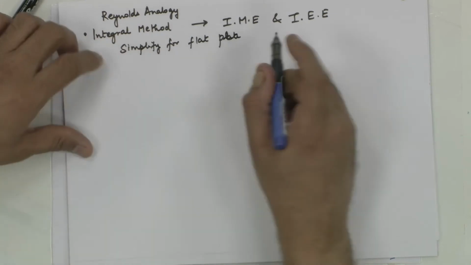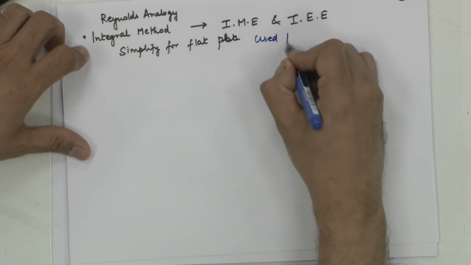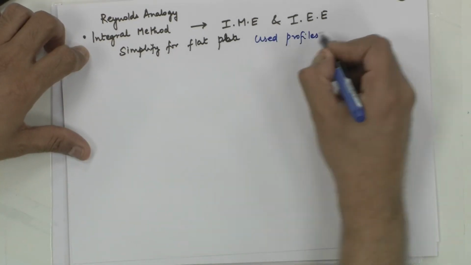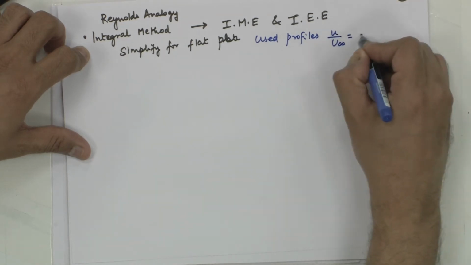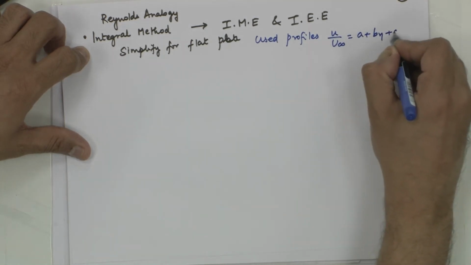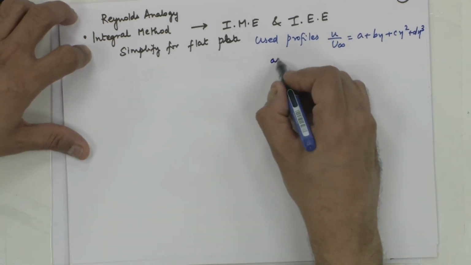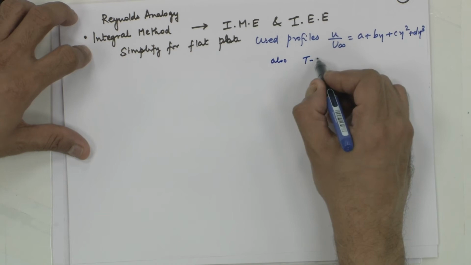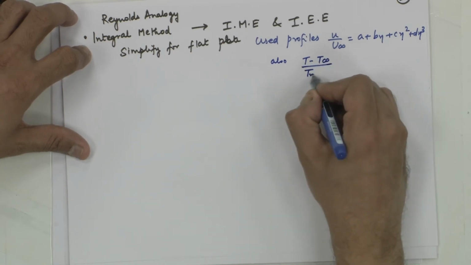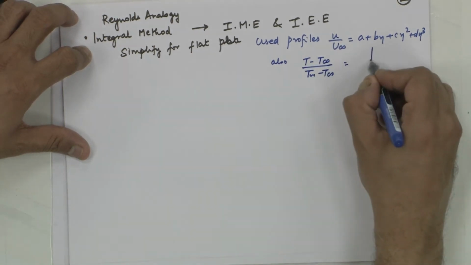Used profiles, with u by u infinity is a plus b eta plus c eta squared plus d eta cubed, and also temperature profile T minus T infinity by T wall minus T infinity is similar form.